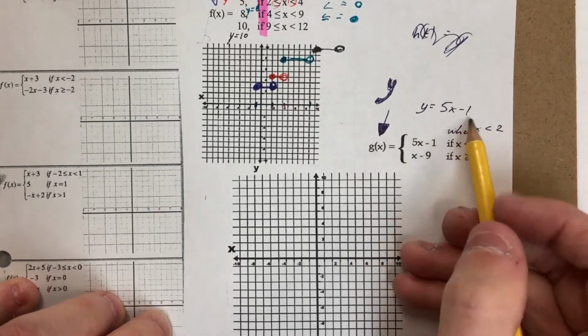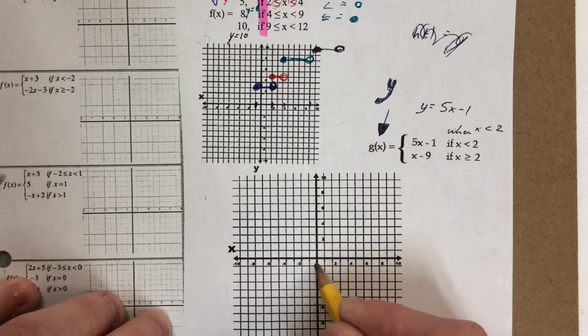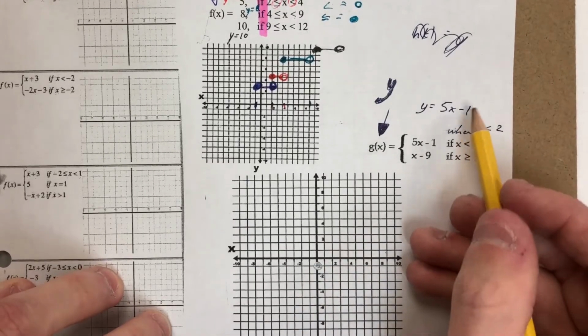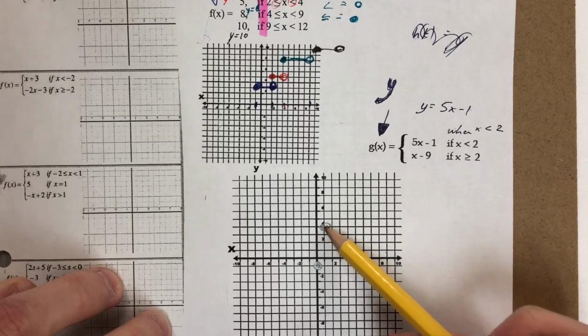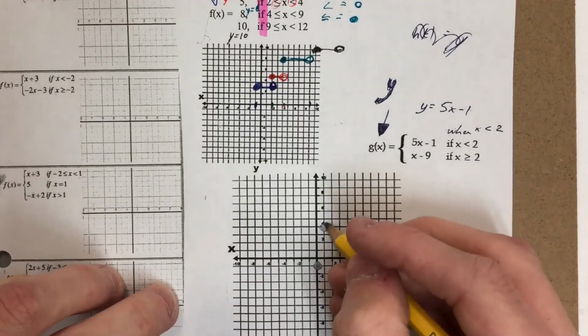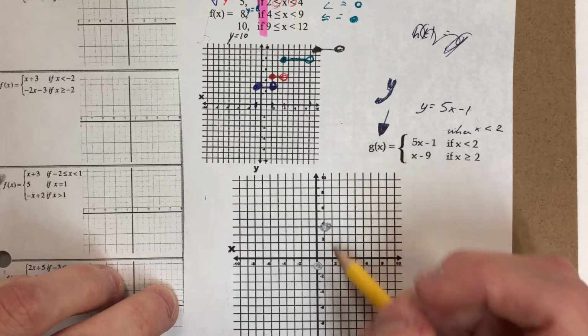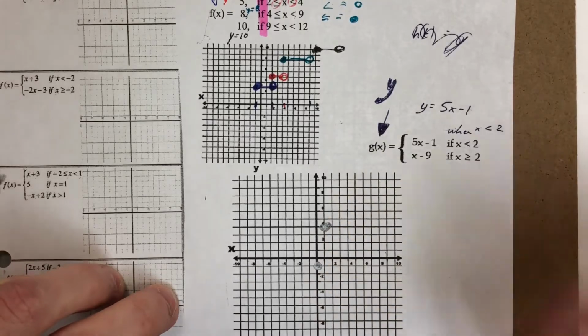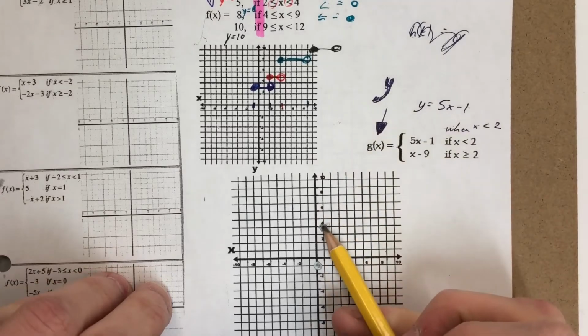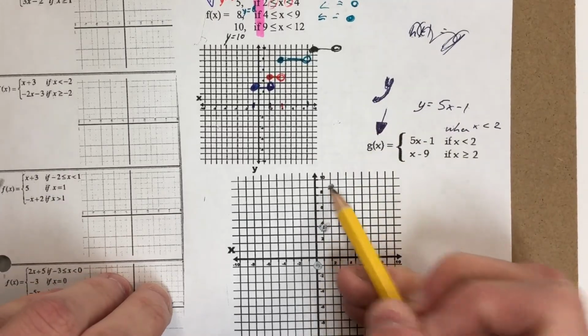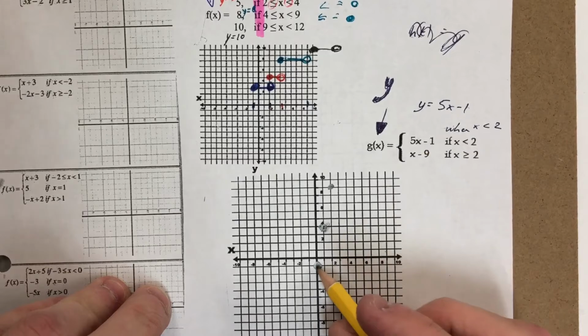We go down 1, that's a point because it's our y-intercept, and it's a slope of 5, so 5 over 1, up 5. So we go up 5, right 1, up 5, right 1, and that's when x is less than 2.